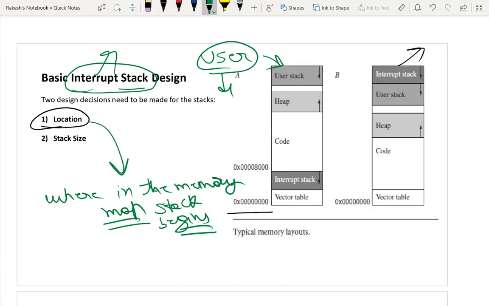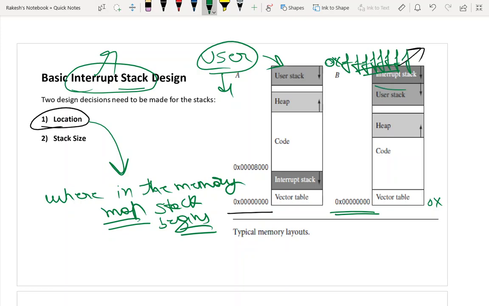Where in the memory map the stack begins: whether the interrupt stack begins after the vector table or before the code. If you look into this memory layout, the interrupt stack is beginning at the higher memory address. This is 0x80s, and this will be 0x8fs, so this is the higher memory address.